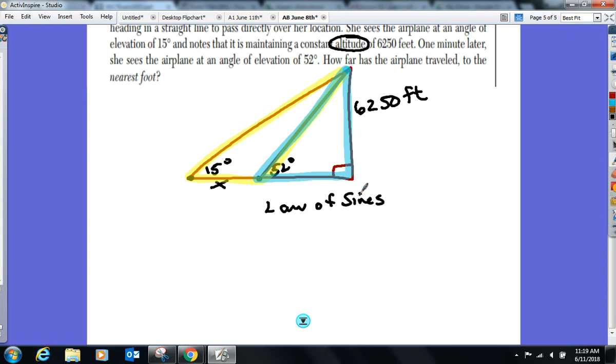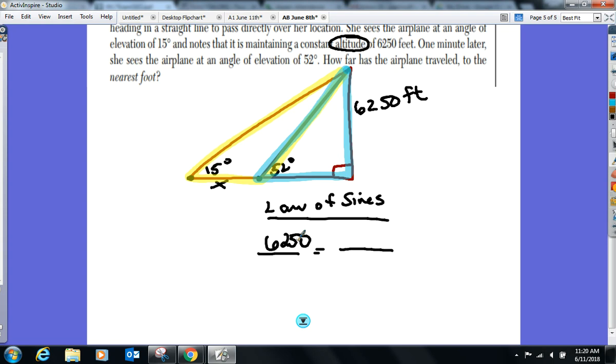So let's go over law of sines again. This can be used on any type of triangle you want. Give me a side you know. It's got to be all from the blue triangle. 6,250 over, what do I put opposite it?